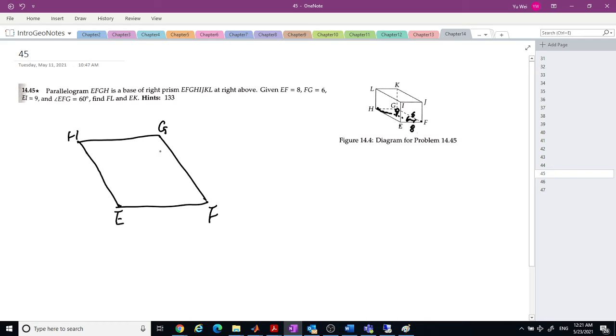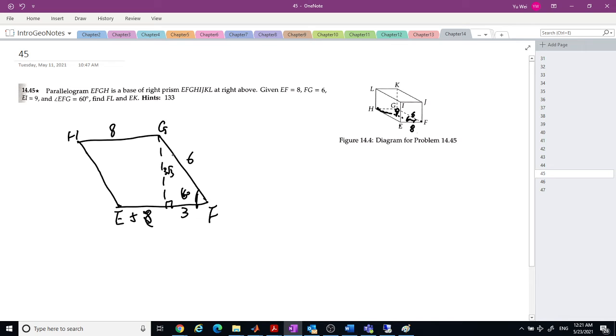EFGH, so it's 8 and 6 and 8 and 60 degrees. Now let's drop a height. So this is 30-60 right triangle. We know this is 3, now we know this one is 5, and this one is 3√3.